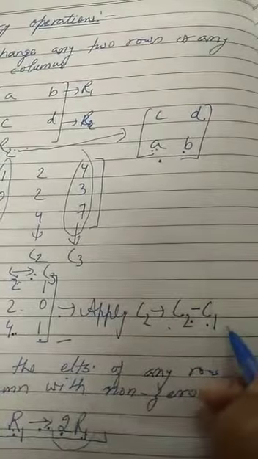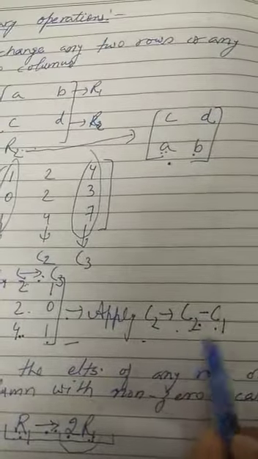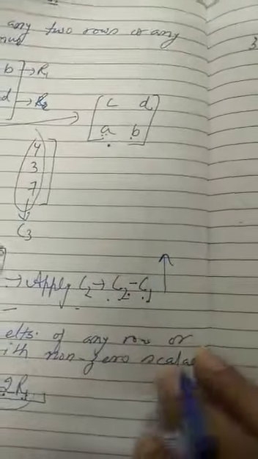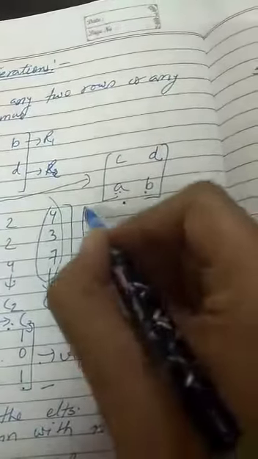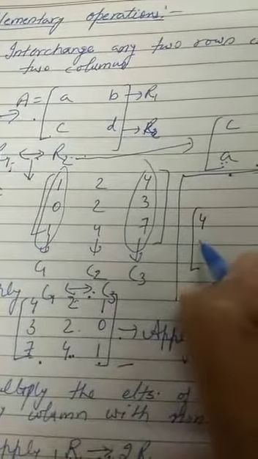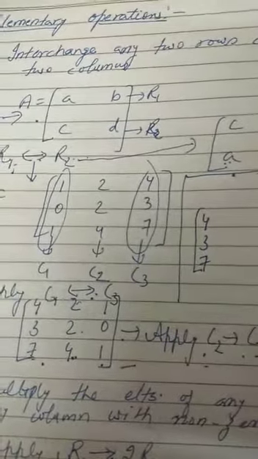So when I apply this C2 in C2 minus C1, what is the new matrix we will get here? The new matrix that we will get, let me write down here. Since we are making the change in C2 column, there will be no change in C1 column. C1 column 4, 3, 7 will be written as such.